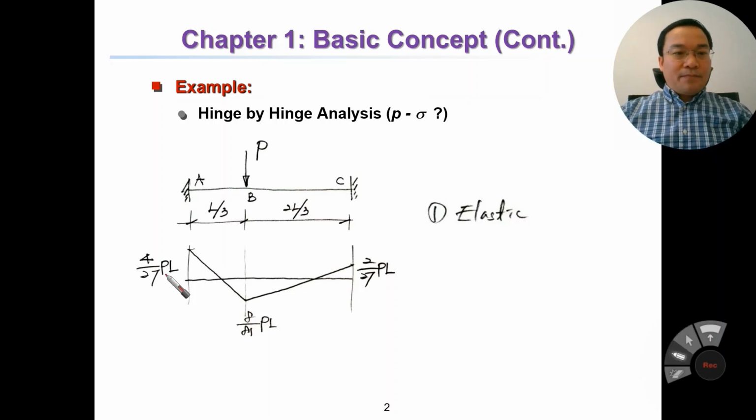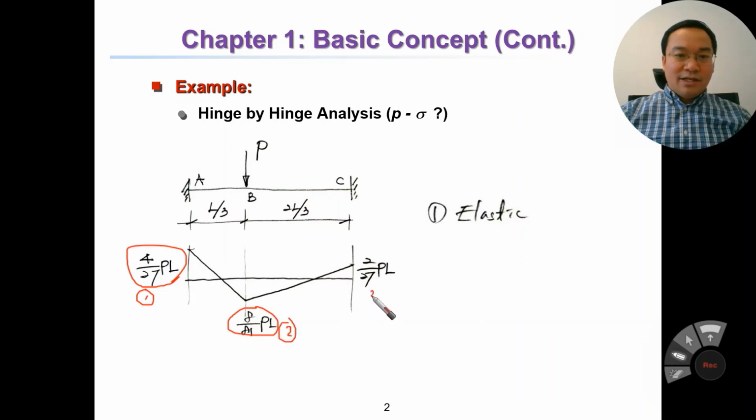So here, this is 4/27 PL. Here is 8/81 PL, and here is 2/27 PL. So the biggest moment is here, the second, the middle, is here, and the smallest is here. So what does it mean?